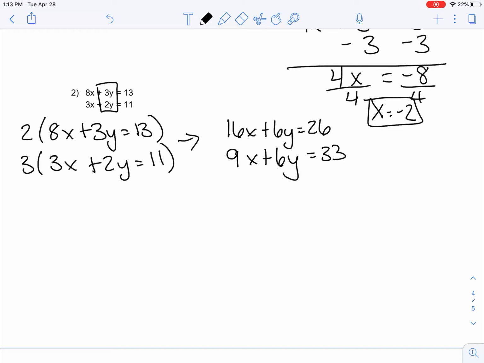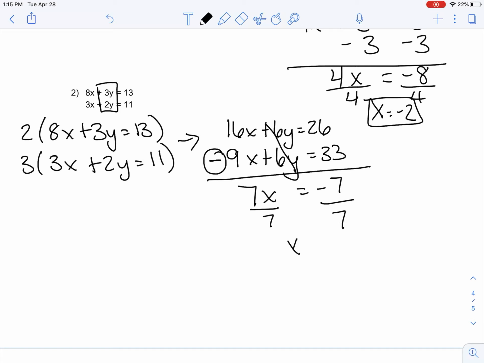So now our y values will cancel only if we subtract because they're the same. So we need to subtract here. 16x minus 9x is 7x. Our y's cancel. And 26 minus 33 is negative 7. Divide by 7, x equals negative 1.